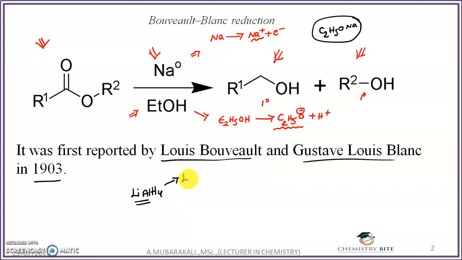This reagent is good in the laboratory, but for industrial purposes we are not going to use lithium aluminum hydride. We will follow the Bouveault-Blanc reduction reaction for commercial purposes. So in the lab, to reduce the ester into the alcohols, we will not use the Bouveault-Blanc reduction. What will we use? We will use lithium aluminum hydride, but in industries we will use sodium in the presence of ethyl alcohol.